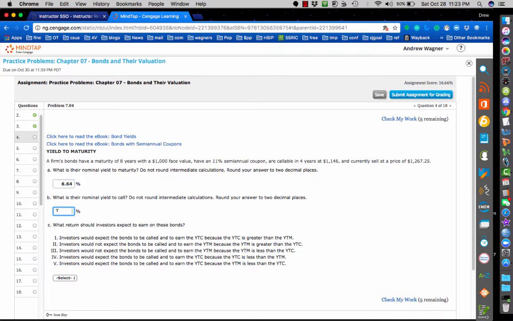Now it's asking for the yield to call. Now here, this is what the yield will be if it is called. If it's called, then you'll get not 1267, but 1146.